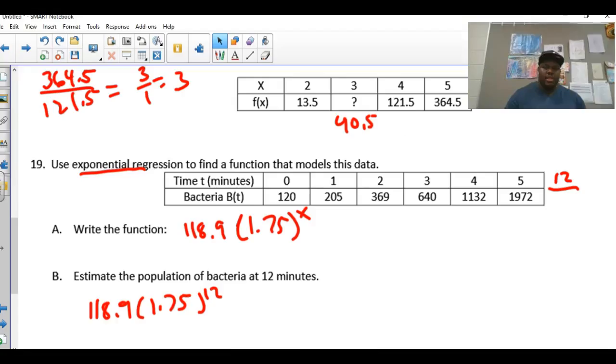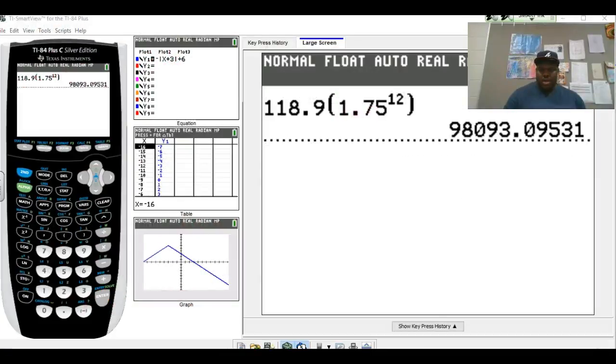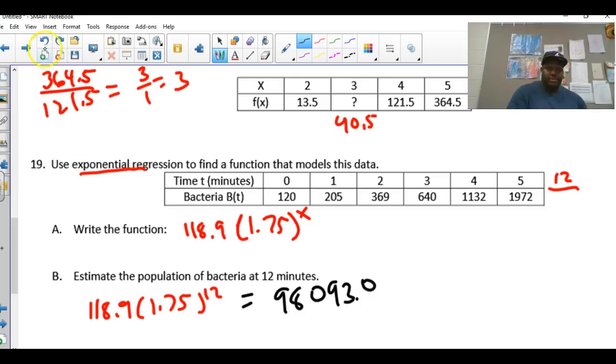All right, 98,093.1. I'm going to put 0.1 just to round it off. That 5 told me to round it, so 0.1, 2 decimal places.